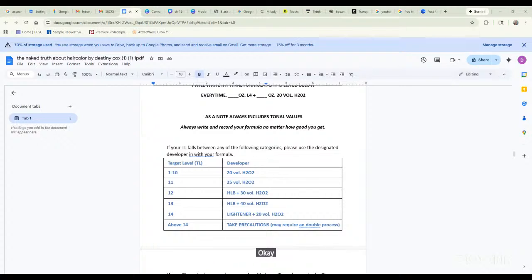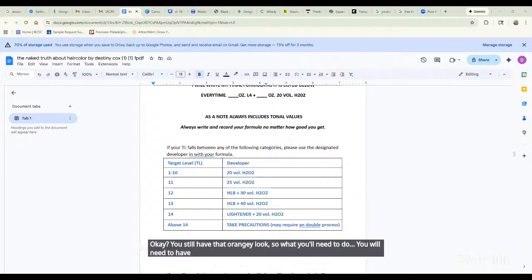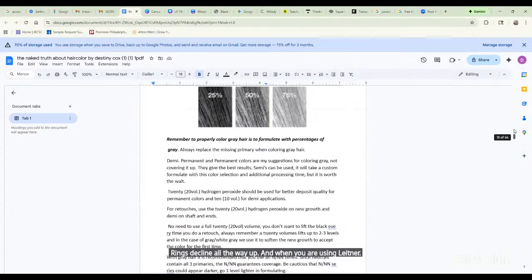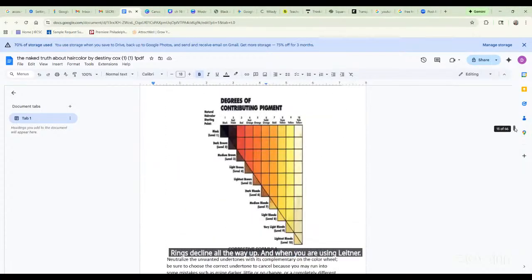So once the lightener brings the client all the way up, and when you are using lightener, you're looking for these colors up here. So we know a level 8 is going to be a deep yellow. When you start seeing that deep yellow come up, then it's time. It's time to rinse.